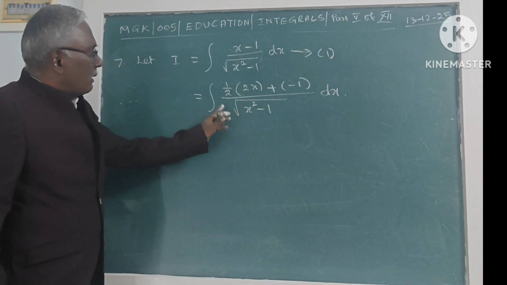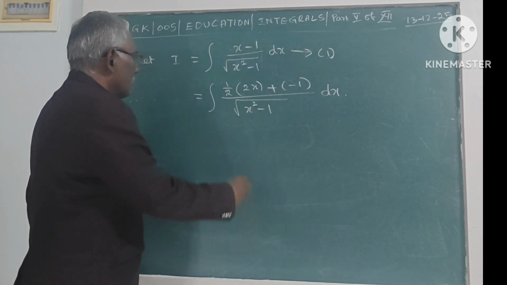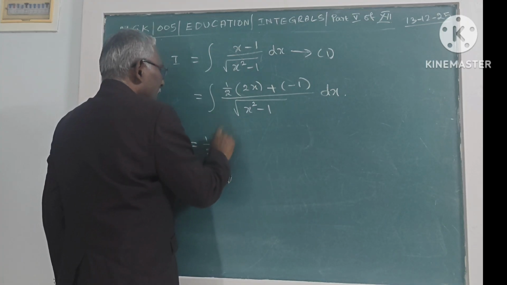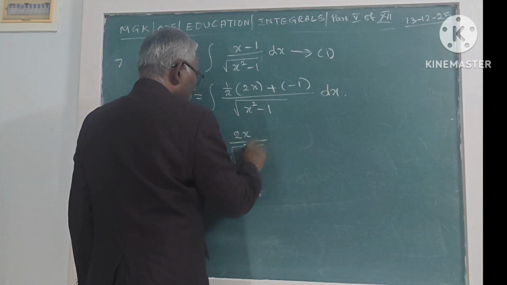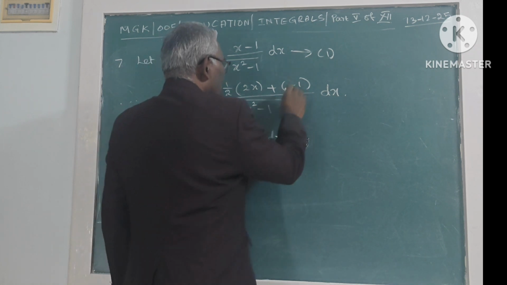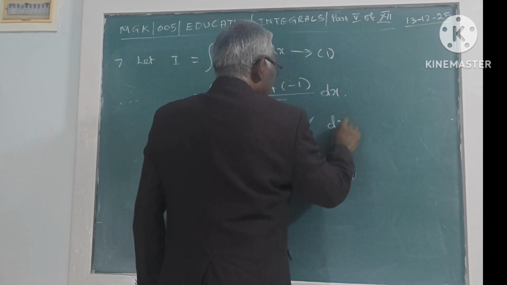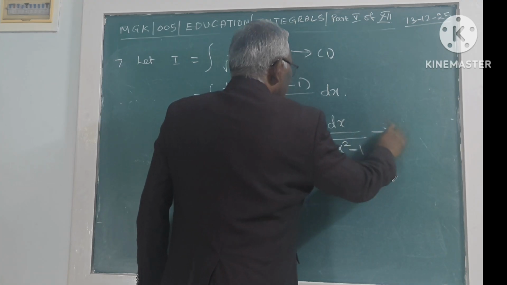Now we can write this integral as a sum of two integrals. So that is half times integral 2x by square root of x square minus 1 dx minus 1 times dx by square root of x square minus 1.